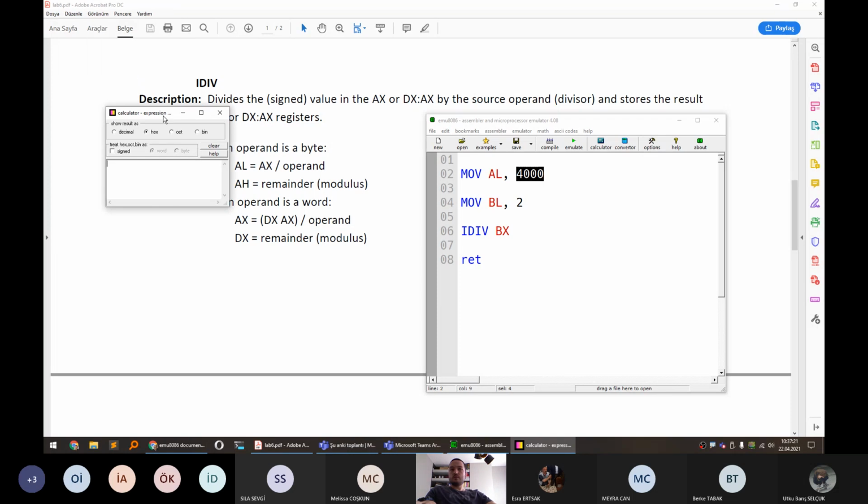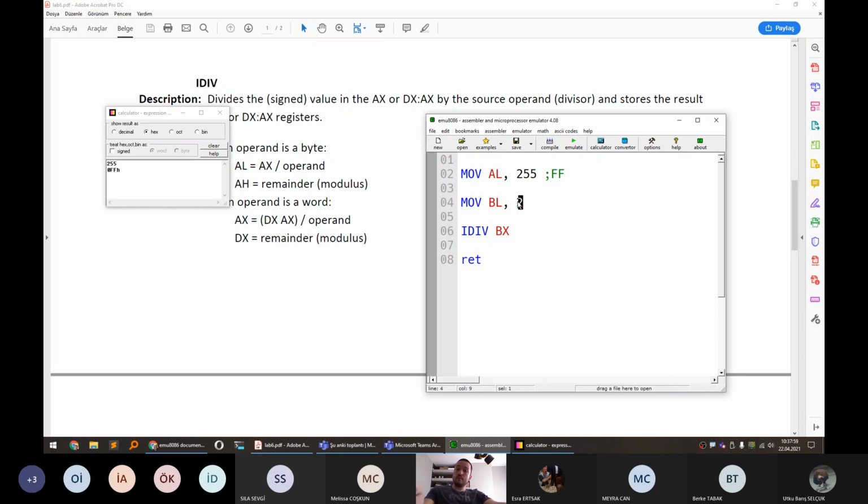Which is FA0. So it didn't fit into AL. 400 still did not fit. 255 should fit because it is FF.